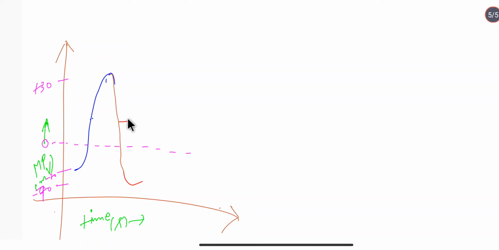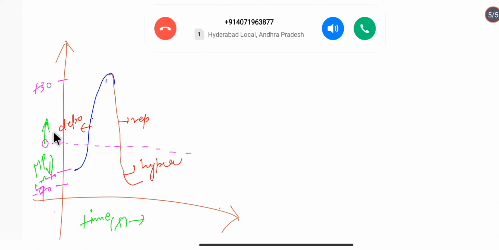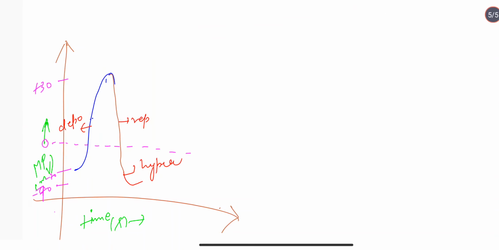So this is your repolarization, this is hyperpolarization, and this is depolarization. So this is the graph of action potential.